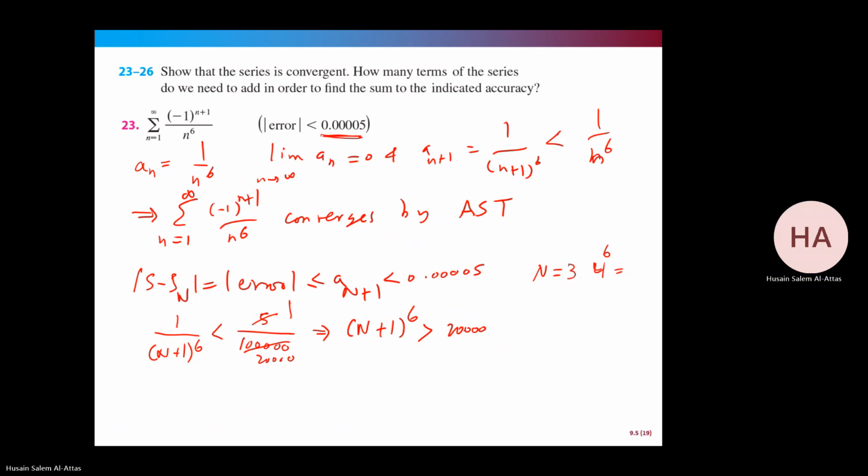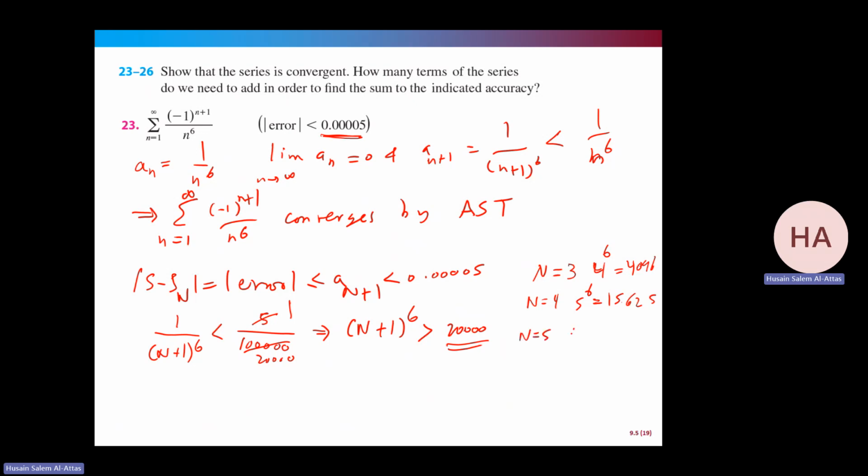Sometimes you need a calculator for that, or try to do it by multiplication. Times 16, that will be 4,096. Now we take N equal 4. I need 5 to the power 6, which is 25 times 25 times 25. That gives me 15,625. Until now, I'm not reaching the 20,000.